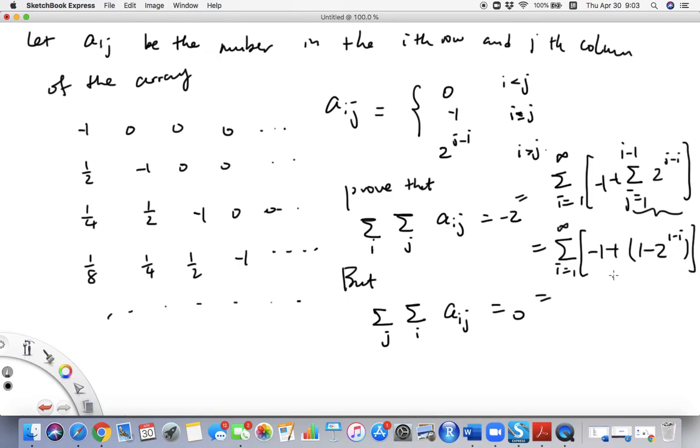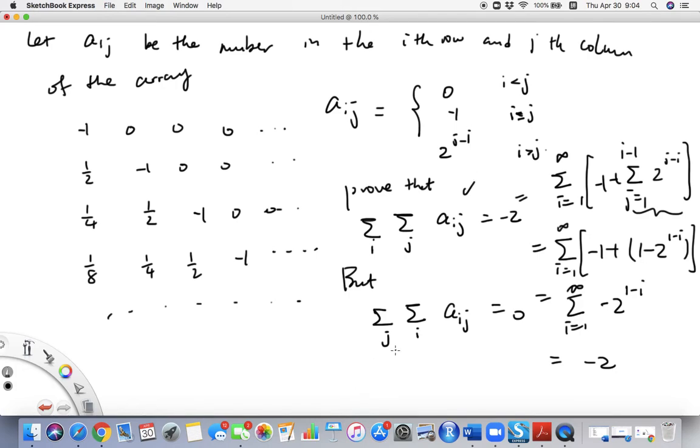Okay, and then minus 1 and 1 cancel. Again, this is a geometric series, and we all know its sum, it's minus 2. Okay, so that part is proved.